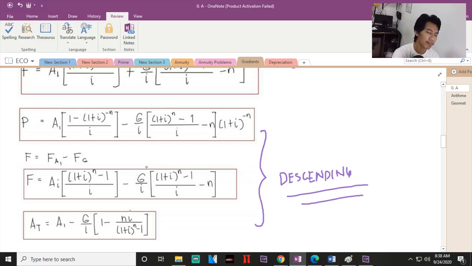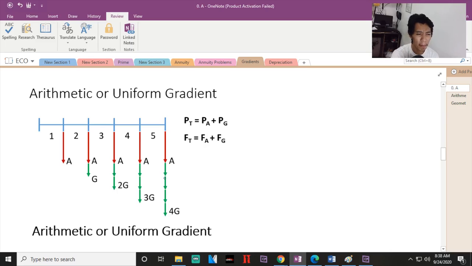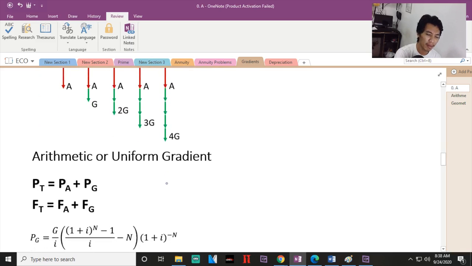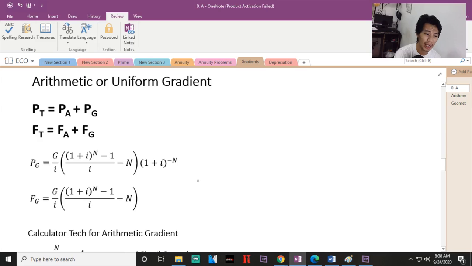Sa akin, sinimplify ko eh. I simplified it. And then, when I simplified it, di ba, ang ikli lang? Ito lang kailangan nyo tandaan. Wala nang ibang dapat pang tandaan.